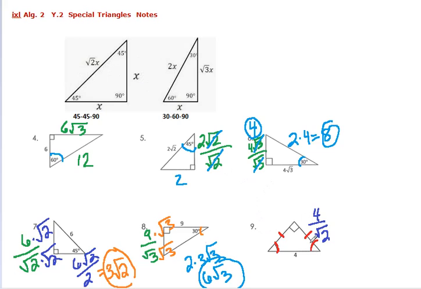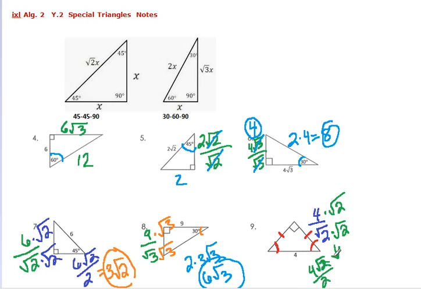So to go back and find what the legs are, we're going to divide by the square root of 2. And the same deal is going on here. We have to rationalize the denominator, so we will multiply by the square root of 2. And that's going to give us 4 times the square root of 2 over 2.